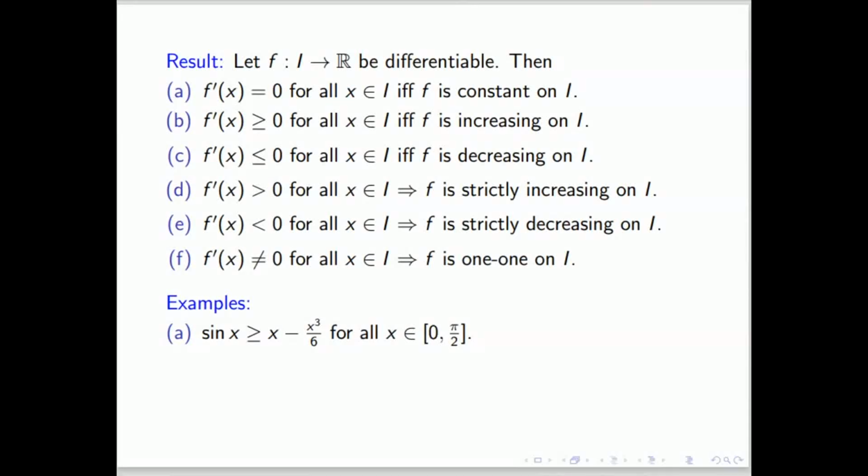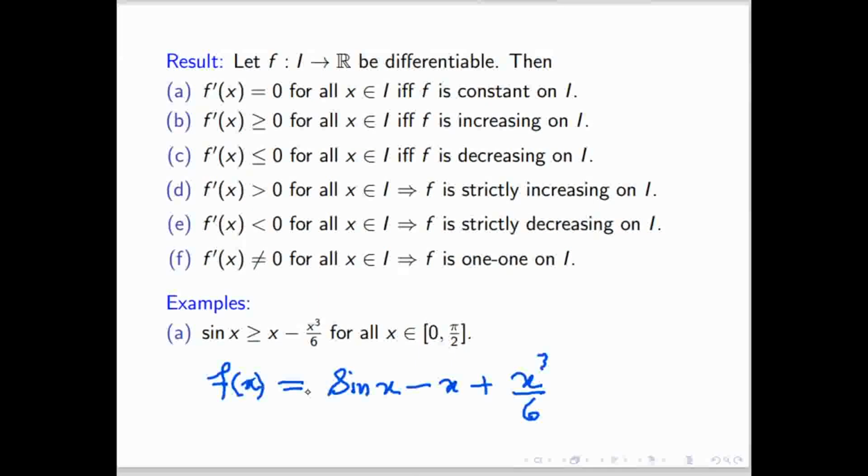So now we'll see one example. Here we have to prove that sin x is greater than or equal to x minus x cubed by 6 for all x belonging to 0 to pi by 2. So how will we do it? To prove this, we'll assume a function f of x, keeping the right hand side on this side, that means sin x minus x plus x cubed by 6.